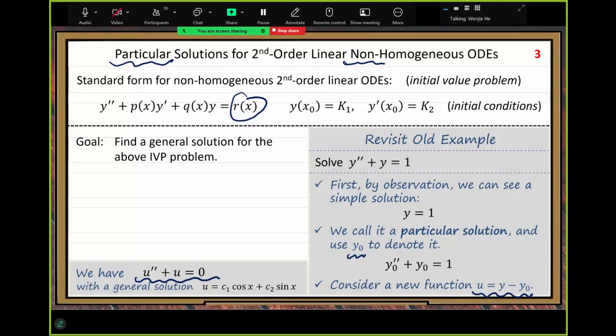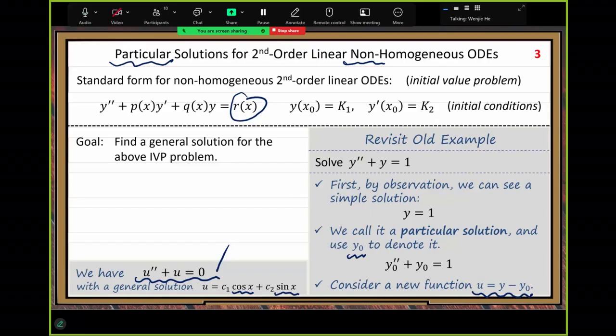First, why? The first thing is cosine of x is a solution of this u equation, right? Cosine x double prime is negative cosine x, plus cosine x is 0. Sine x is another special solution of that u double prime plus u equals 0.